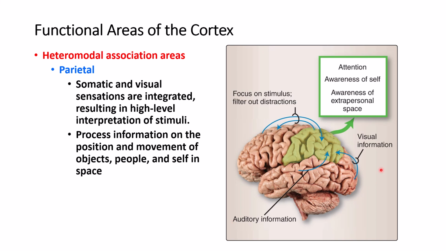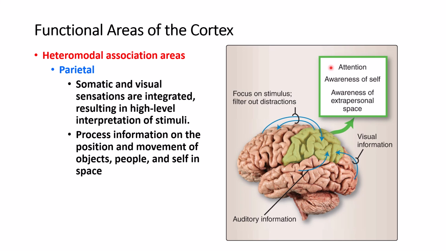Visual information, so any visual stimuli are coming there, and also any motor activity is in communication with the parietal lobe, so you can make a decision about where to focus. And if too much adrenaline is released, it is difficult for you to focus, so you cannot have specific attention to a specific thing, and then you try to focus on many things, and you cannot do that, and that's why it will cause anxiety.